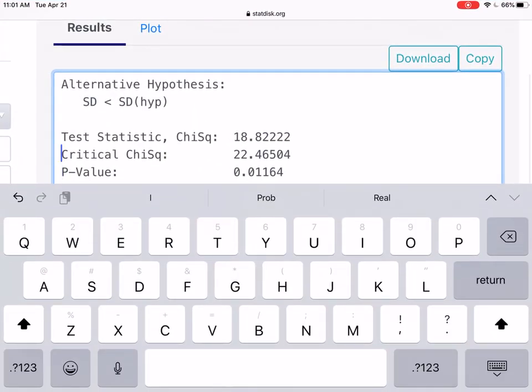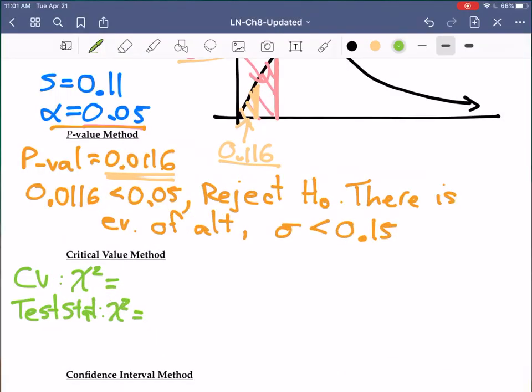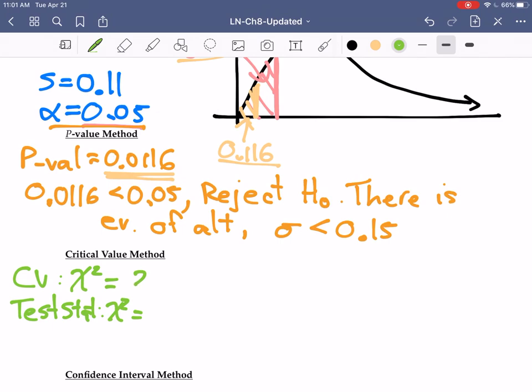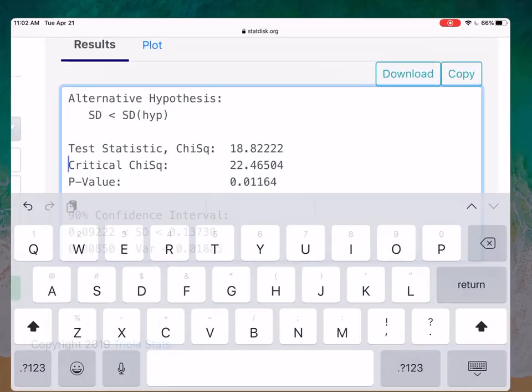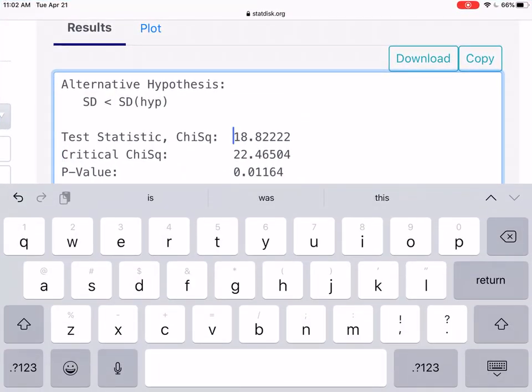So our critical chi-squared is 22.465, and our test statistic was 18.822.